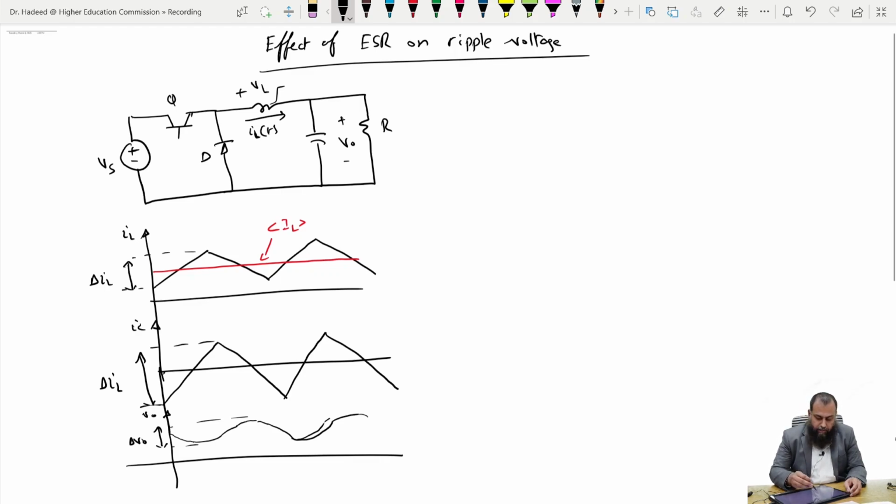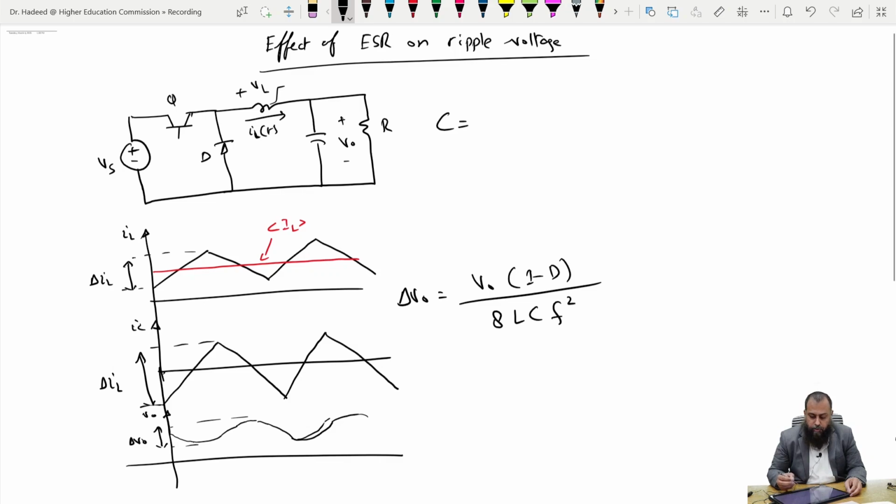For this given converter, in an earlier class we deduced that the voltage ripple delta V naught is equal to V naught into 1 minus D divided by 8 L C F square, where F is the switching frequency as governed by this switch Q, C is the capacitance, L is the inductance, and D is the duty ratio, which depends on the voltage transformation between this Vs and this V naught.